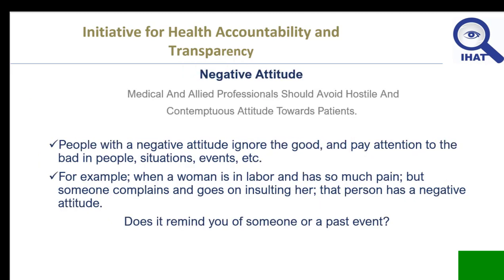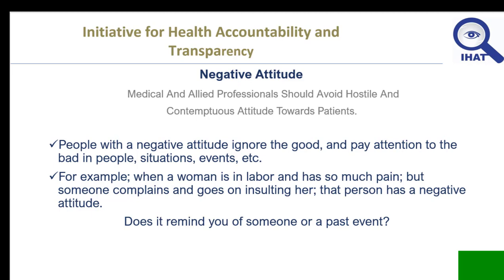On negative attitude, medical and allied professionals should avoid hostile and contemptuous attitude towards patients. People with a negative attitude ignore the good and pay attention to the bad in people's situations and events. For example, when a woman is in labor and has so much pain, but there is this person, a provider, who complains and goes on to insult her, seeing her as a nuisance.